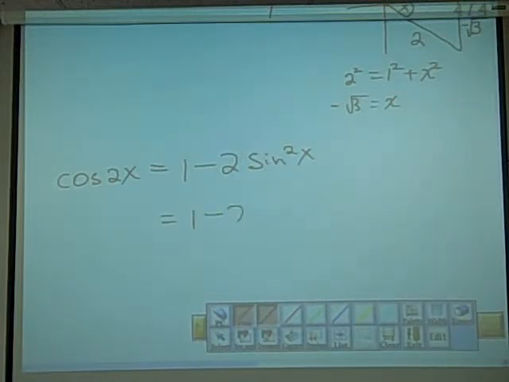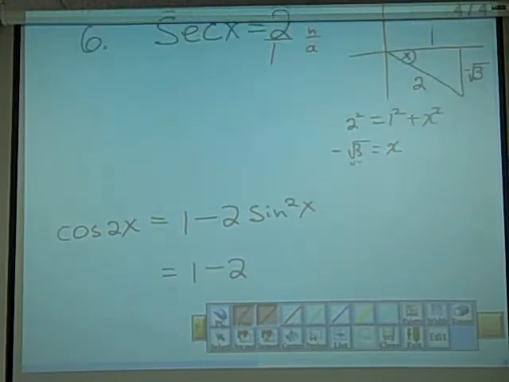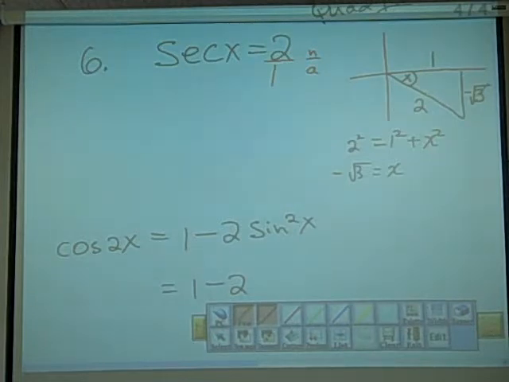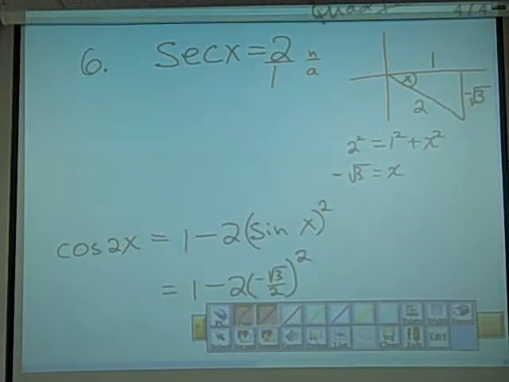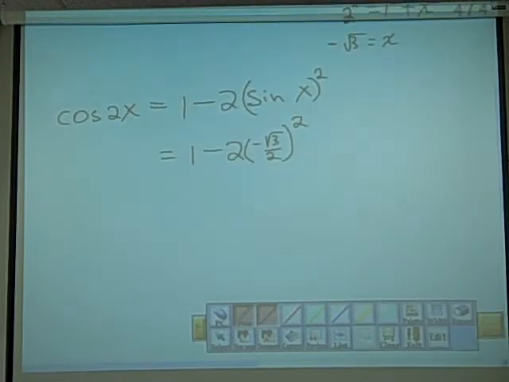So this would be 1 minus 2, and for sine, sine is opposite over hypotenuse. So that makes this negative square root 3 over 2, parentheses squared. So we're going to square our negative square root 3 over 2. Notice the negative, the square root 3, and the 2 are all in parentheses.